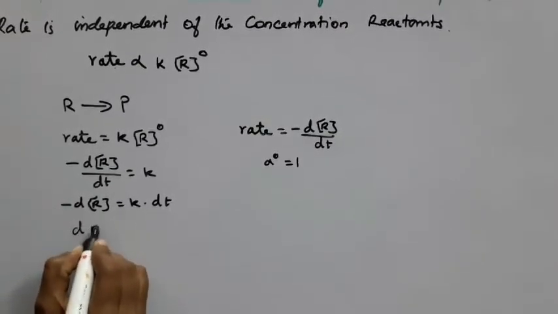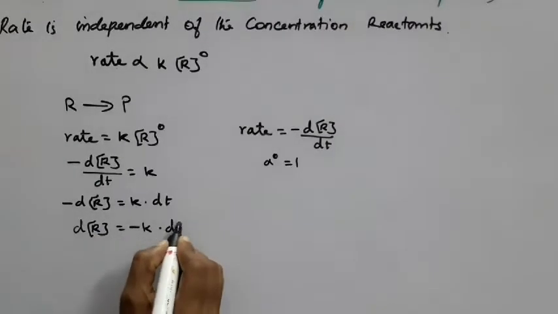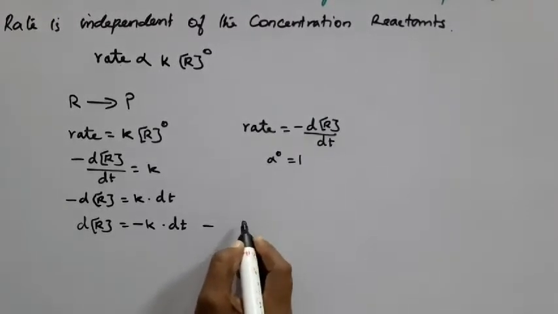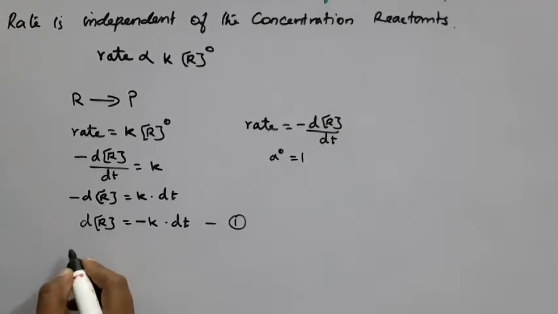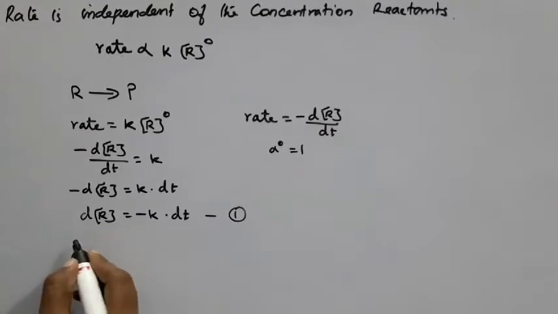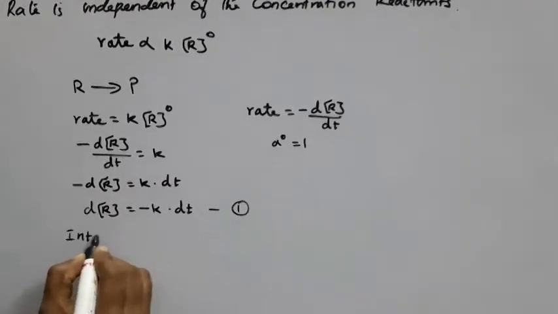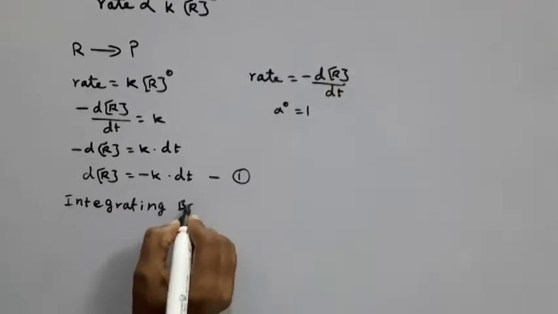This is d of R equals minus k into dt. Okay, so this is equation number 1. After that we have to take the integrated form, so integrating both sides.